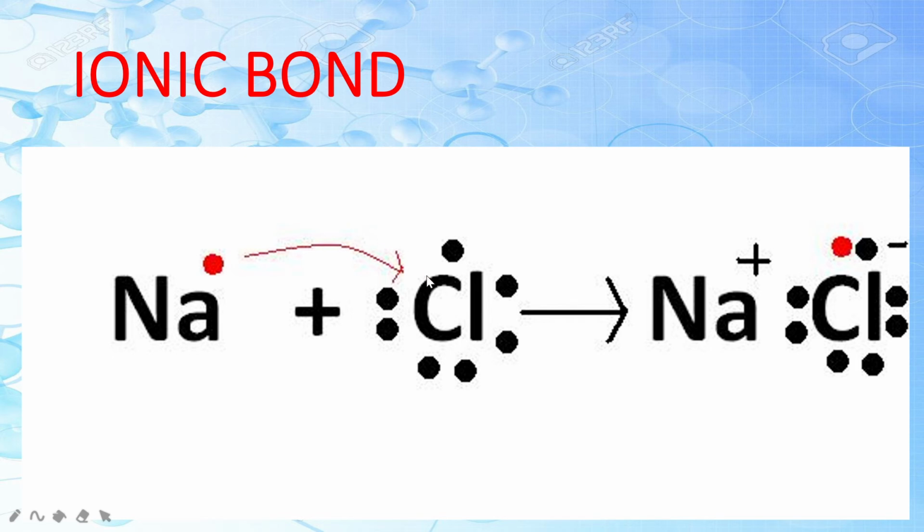It will give an electron to chlorine so that chlorine will be more stable. Now sodium loses an electron, so sodium becomes positively charged. And now chlorine has 8 valence electrons. It is now stable because sodium gave an electron to chlorine. And now, since chlorine accepts an electron, it will become negatively charged.